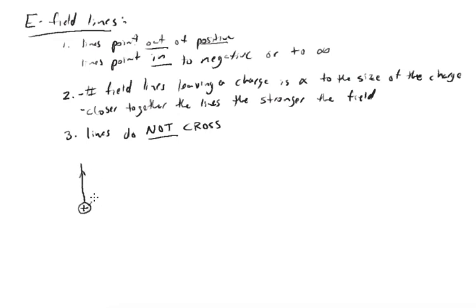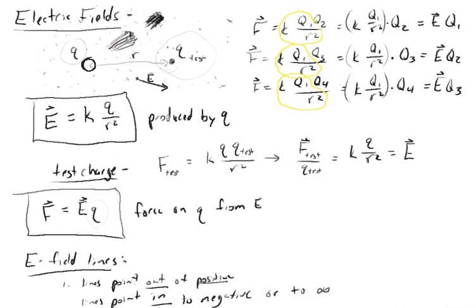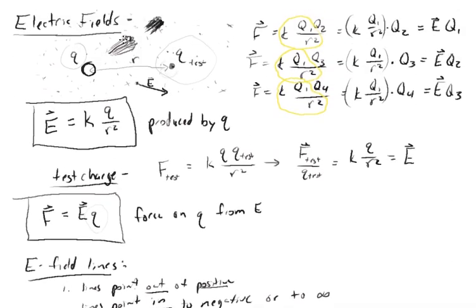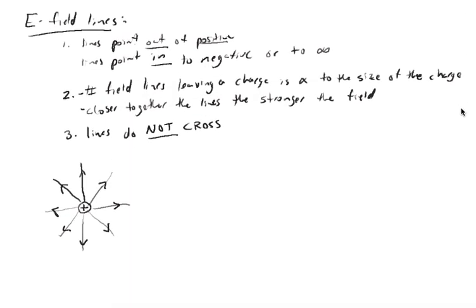It's going to be a bunch of lines pointed out radially like a sun. Okay? Out like this. And the field lines have a direction to them because it's a vector, and they're pointed out and away. Now if I was trying to do what I was doing above, where I put the actual electric vector at every single point, again it gets too messy. So the idea here is we can follow these rules and get the same information.